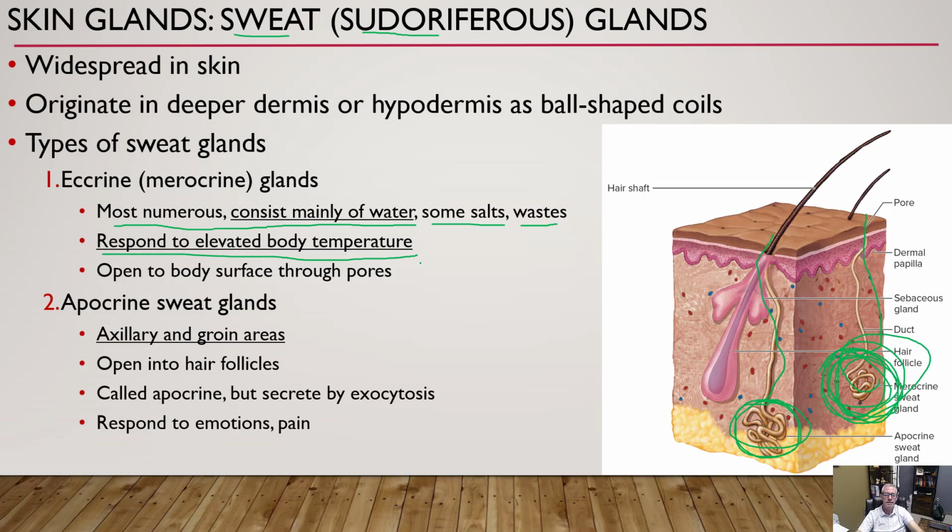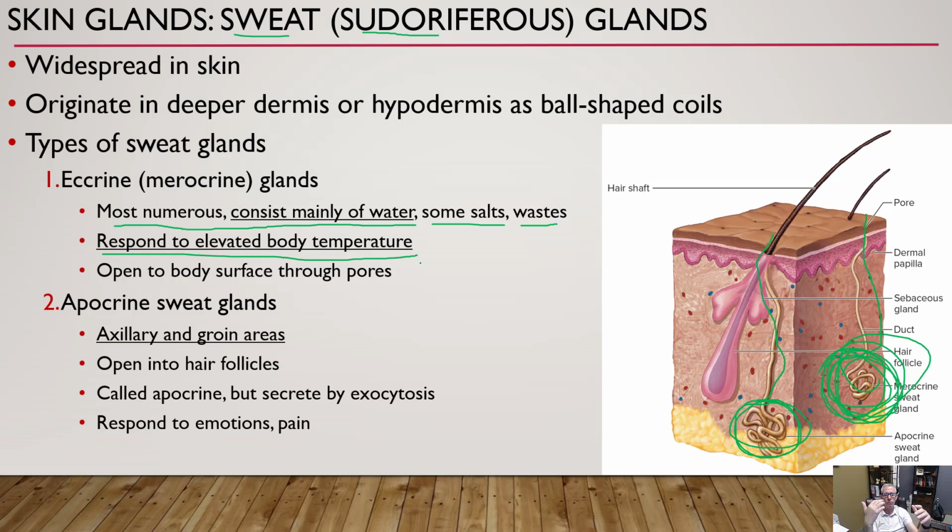Now, typically with apocrine glands, a little bit of their cells pinch off. However, in this case, even though they're called apocrine glands, they still secrete their stuff by exocytosis.